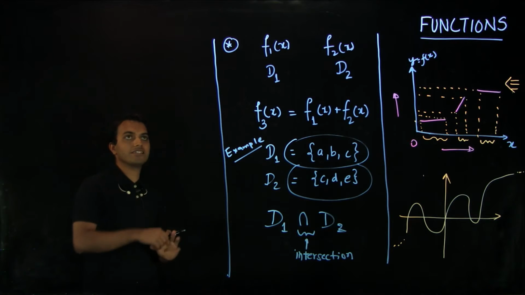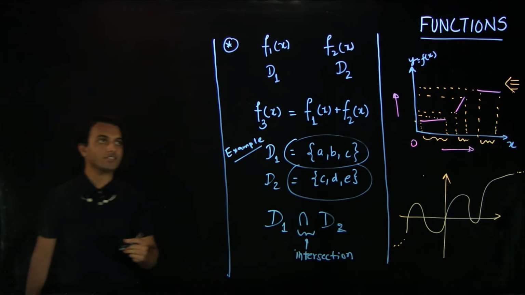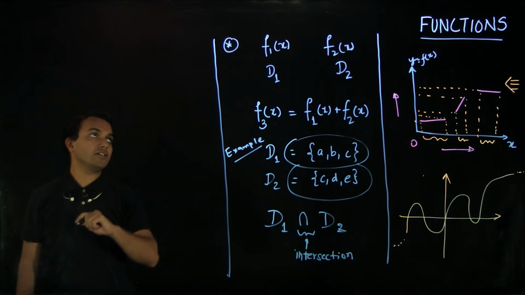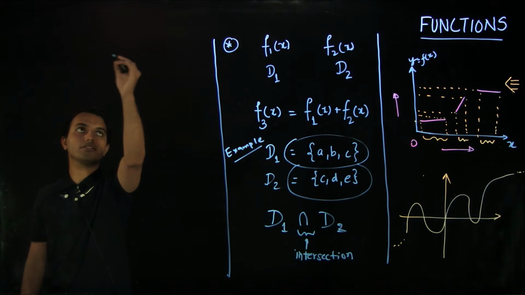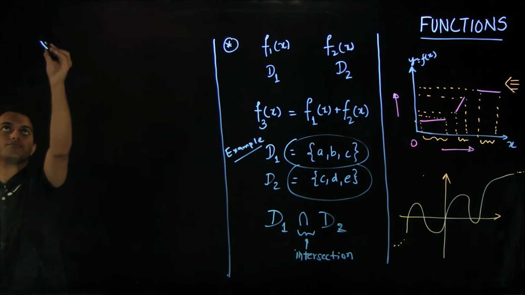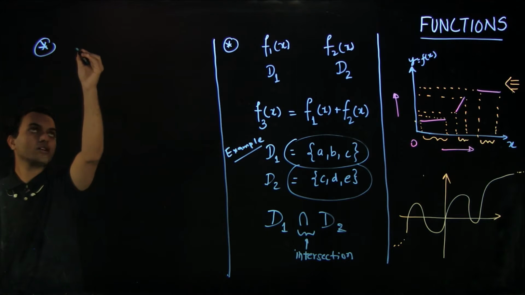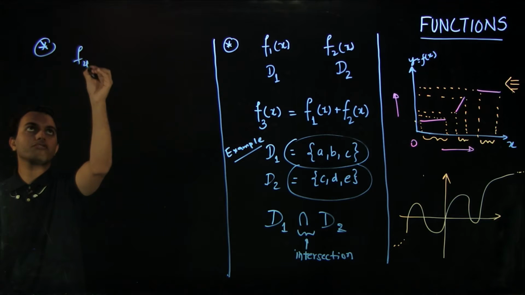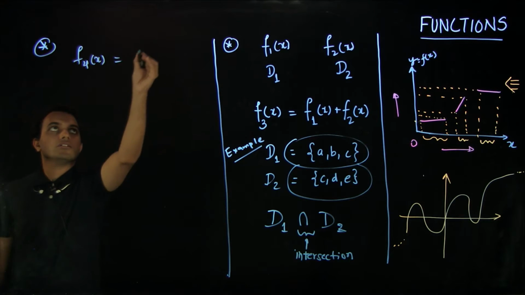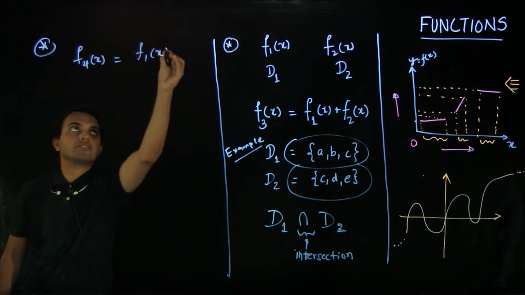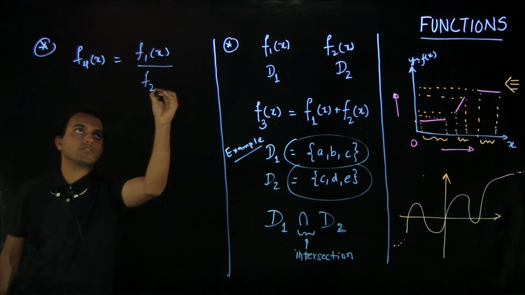So similarly, let's say instead of addition of functions, we have division of these two functions. So let's say we have a new function, f4 of x, which is f1 of x divided by f2 of x.